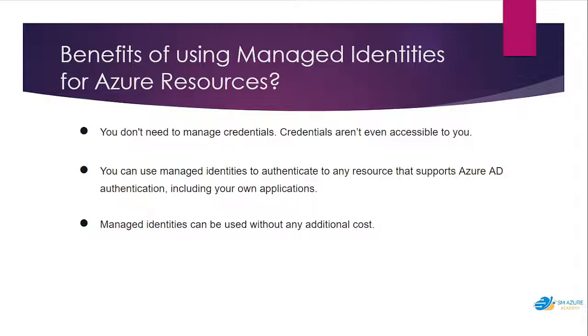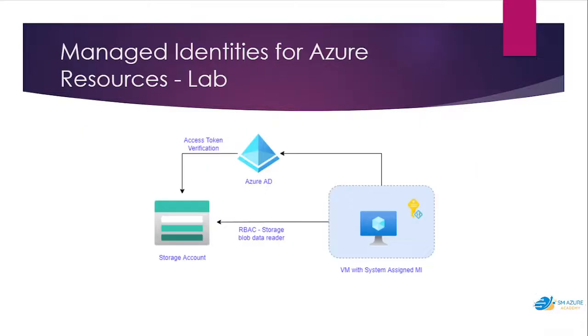So what we will do is I'm going to show you a simple example wherein we'll have a virtual machine created in Azure with system assigned managed identity activated, and we will have a storage account in place with a sample txt file.